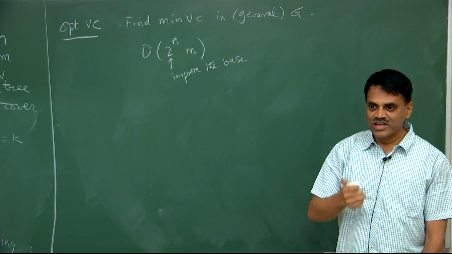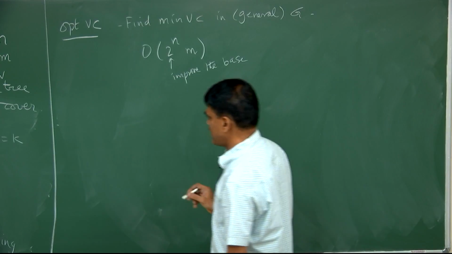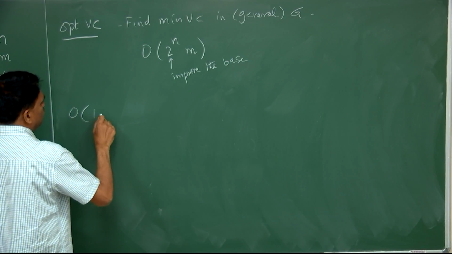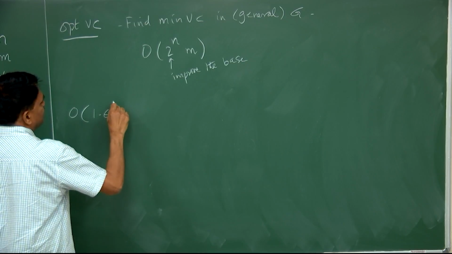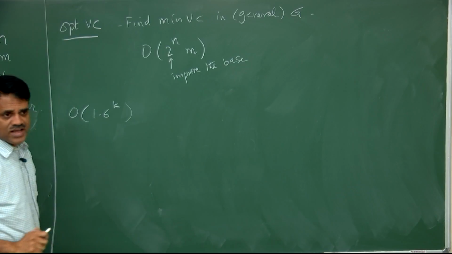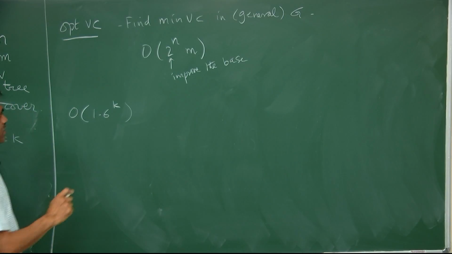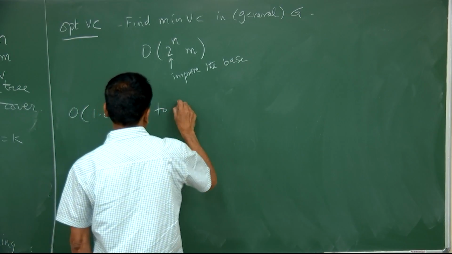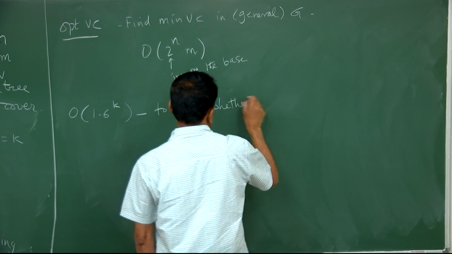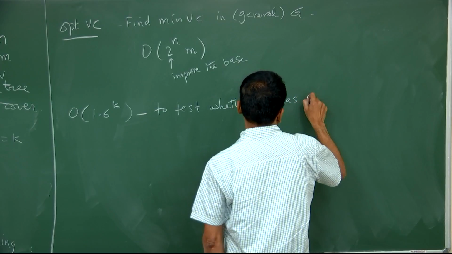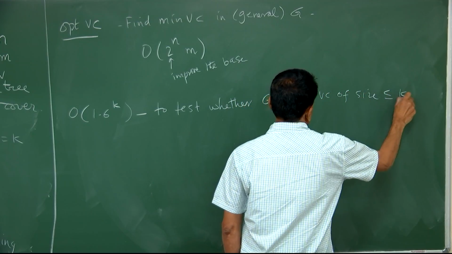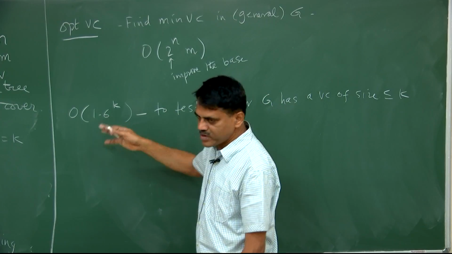What we saw was: is there a vertex cover of size k? I gave you this Fibonacci recurrence to test that, and actually I gave you even better than that, but let's say 1.6 power k.